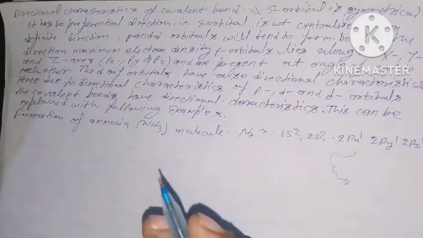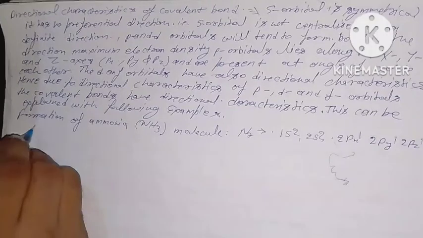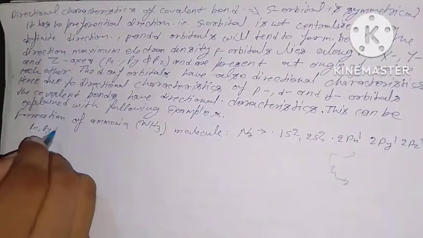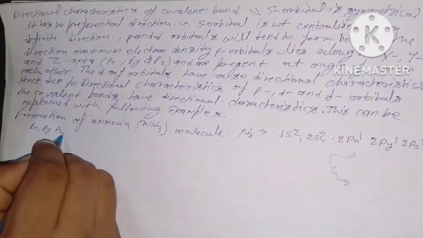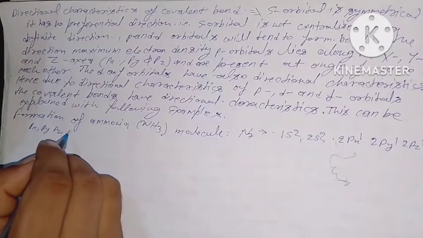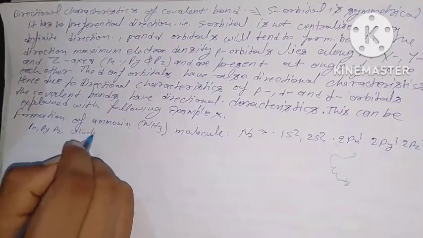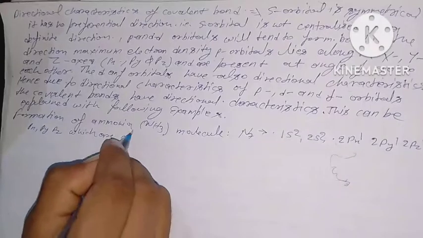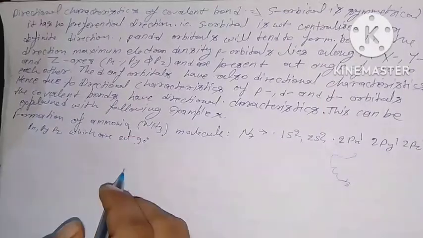These unpaired electrons are in px, py, pz orbitals, which are at 90 degrees.